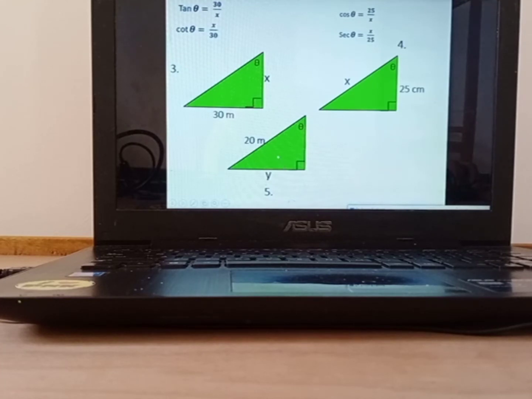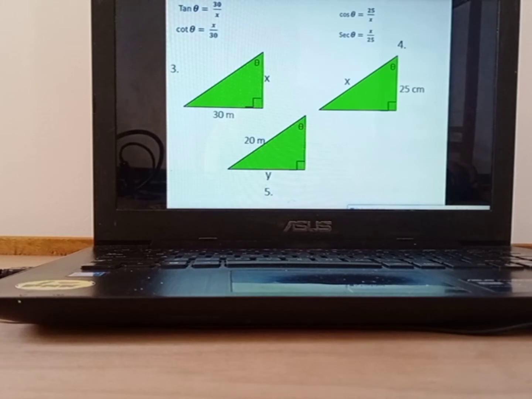For number 5 example, if this is our angle theta, at the front of your angle theta is y. So this is our opposite side. And we have our longer leg, which is our hypotenuse. So therefore 20 is our hypotenuse. So our given is opposite and hypotenuse. So again, recall the SOHCAHTOA.